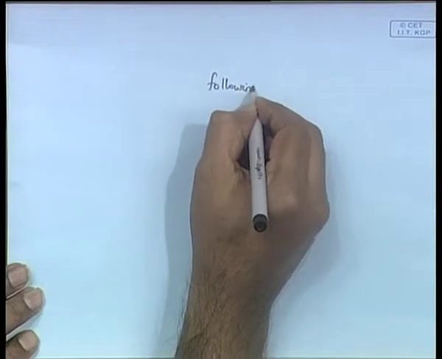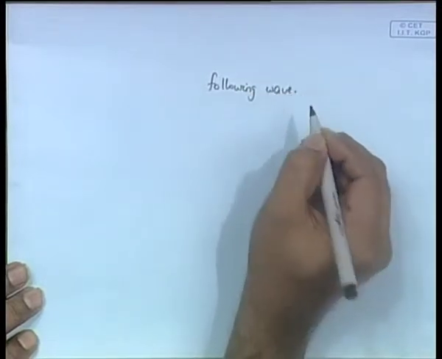For instance, the wave can come at 0 degrees. Let us assume that this is a ship. 0 degrees means the wave is coming in the direction of motion of the ship. The ship is moving in this direction, and the wave is coming in the same direction. When the wave comes at 0 degrees, we call that a following wave.